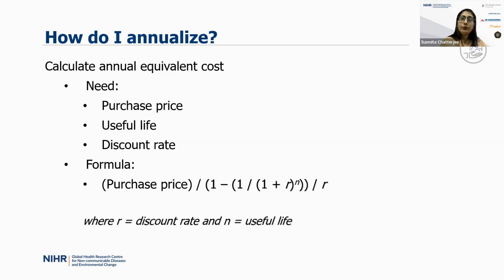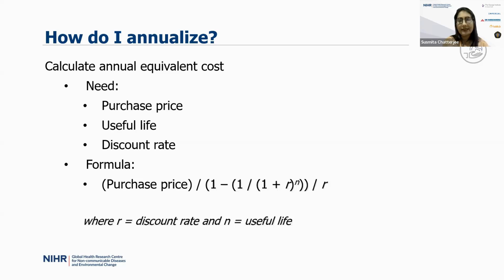Useful life. How do I know the useful life of any item? I'm coming to that. Discount rate. Discount rate is an interesting concept. Suppose I bought the capital item today with 10,000 rupees. I am going to get the benefit till 10 years, right?